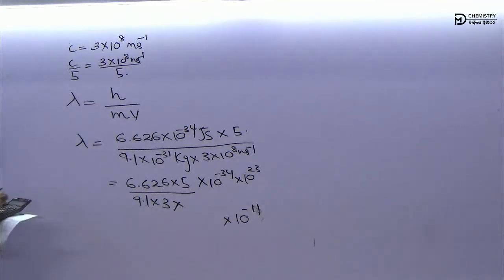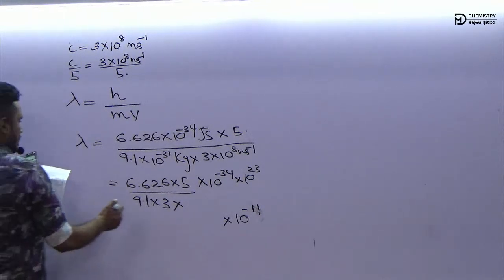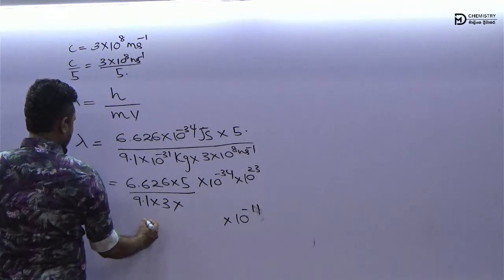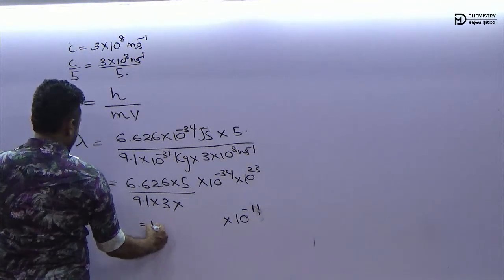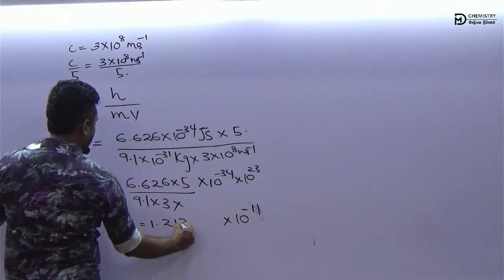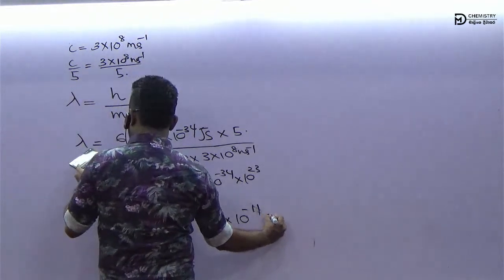Let's calculate this value. 6.626 multiply by 5, Hari, divide by 3 and divide by 9.1. My answer is 1.213 into 10 to the power minus 11 meters.